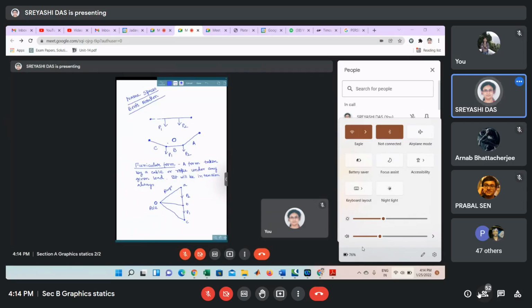So we can say that O, small a, small b is forming a closed polygon. P2 is the resultant of these two forces, and also in the space diagram this P2 force is the resultant of these two forces.